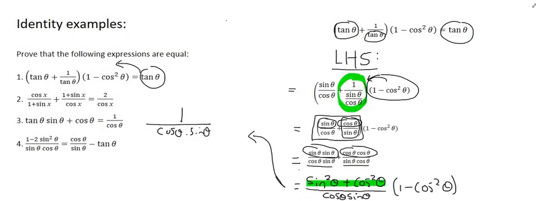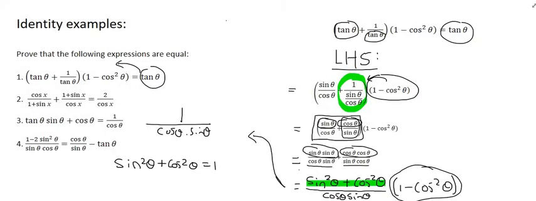And then what I want to do is examine this part here a little more closely. If you remember from the previous slide, we said that sin squared theta plus cos squared theta always equals 1. But remember, and I didn't mention this in the previous slide, that is the starting point. You can switch that identity around however you like.